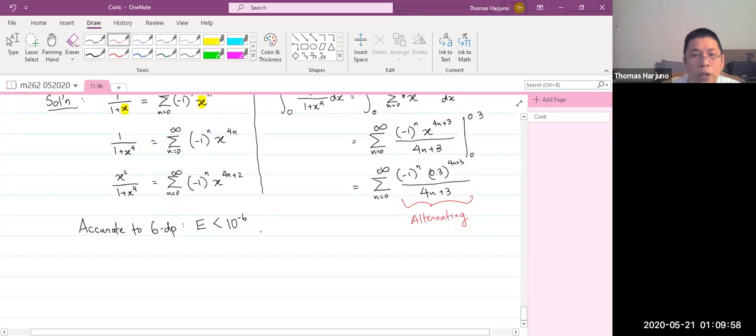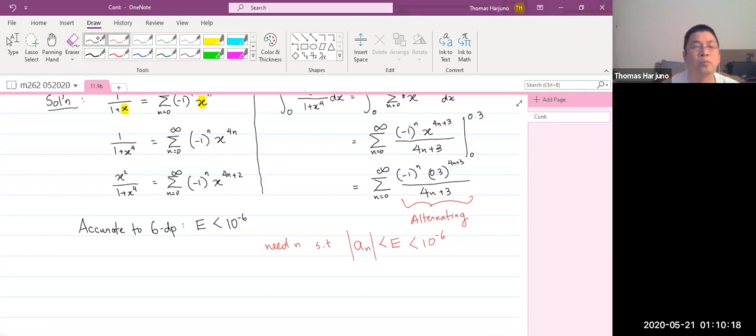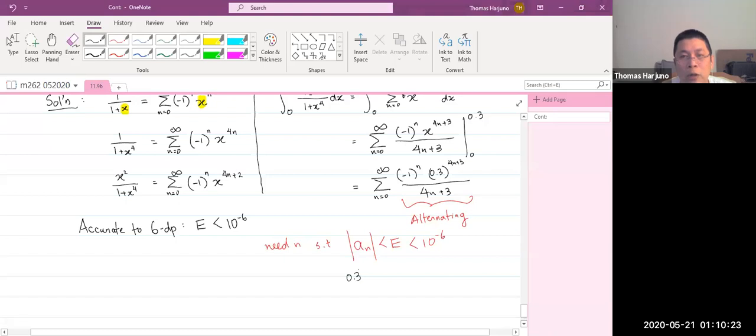Okay, so we need to find n such that the nth term is less than the allowed error, with absolute sign. So we need to look for that n, 0.3 to the power of 4n+3 over 4n+3.